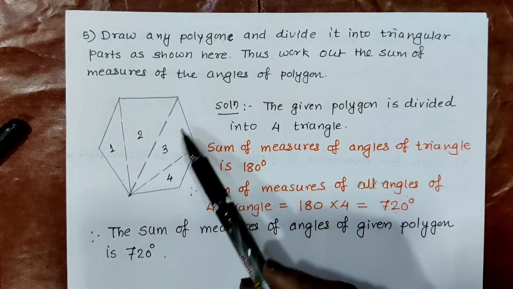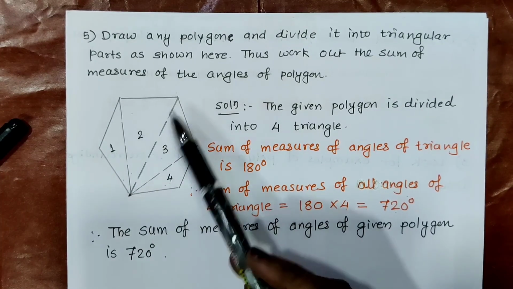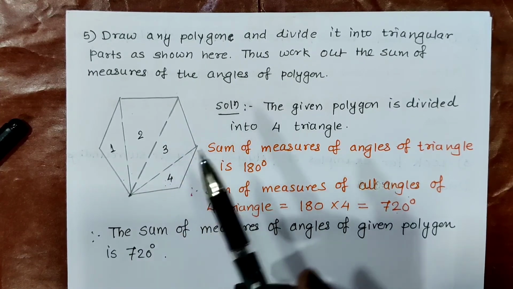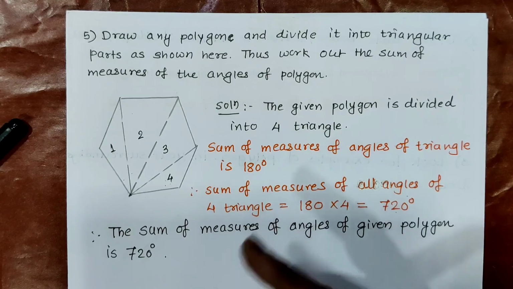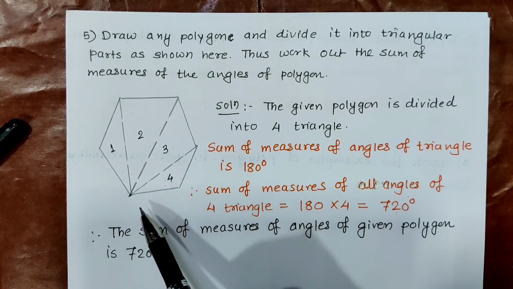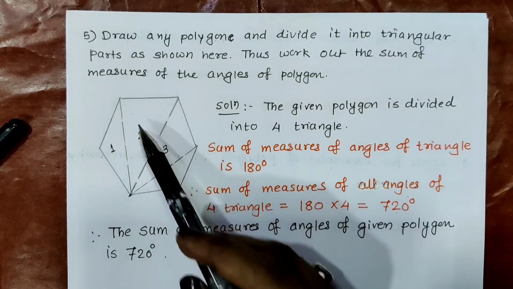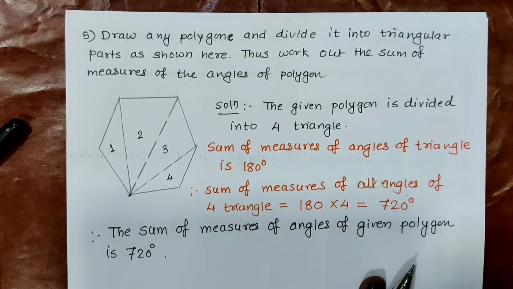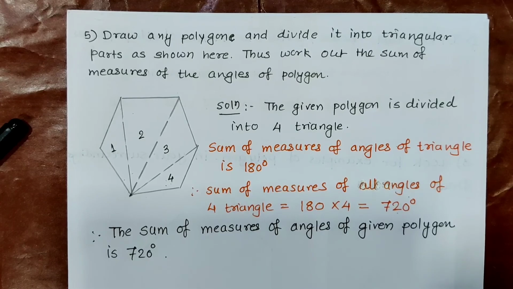If you draw the triangles, consider any one vertex and join all the vertices, count how many triangles are there. We all know the sum of measure of all angles of one triangle is 180 degree. So multiply 180 by the number of triangles and you will get the sum of measure of all angles of that polygon. So in this way we have completed our practice set 38 here.